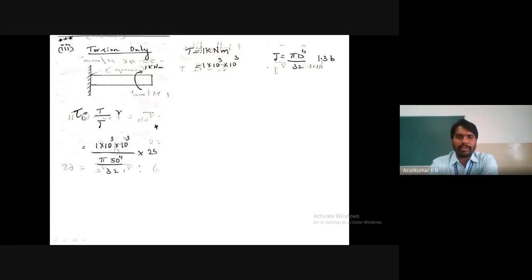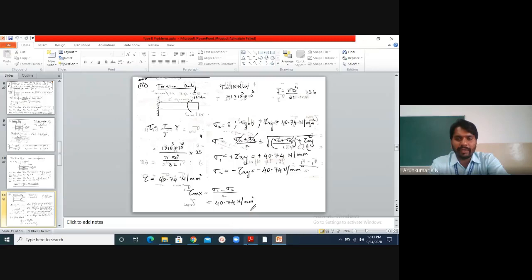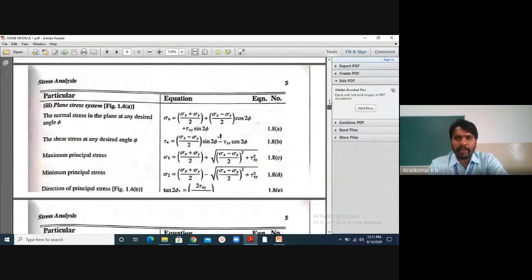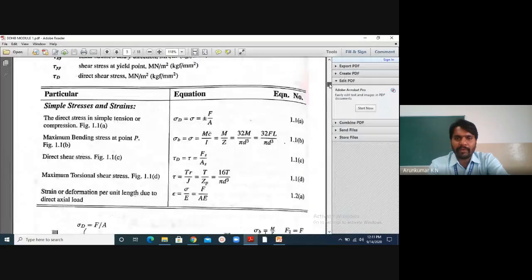We know the shear stress is given by T by J into R, the basic torsion equation. If you don't know the equation, just refer to the data book. At the start of module 1, the basic equations are available.